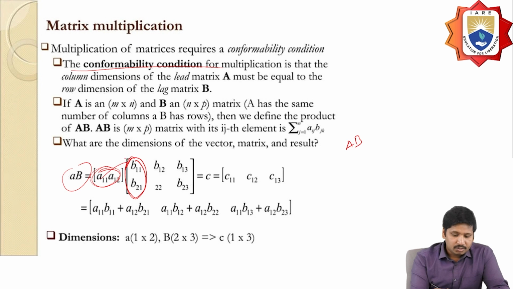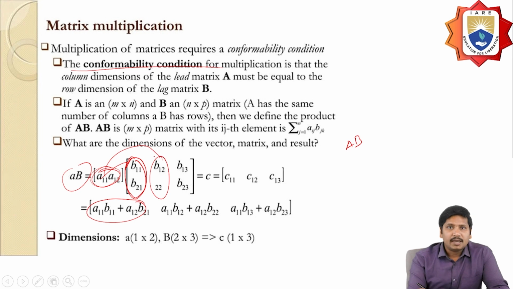How can you write it? A11 into B11, plus A12 into B21. Similarly, the same thing is applied for the second column: the first row of the first matrix is multiplied with the second column of the second matrix, so A11 B12 plus A12 B22.